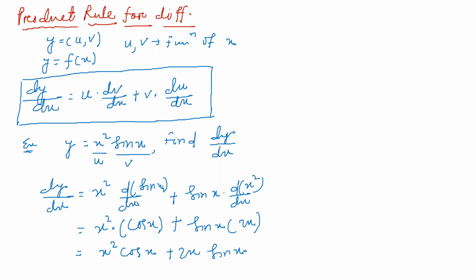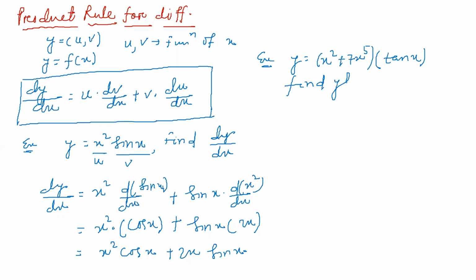Let's take another example to understand. Let y is equal to x square plus 7x to the power 5, multiplied with tan x, and it asks to find y dash, or dy by dx.